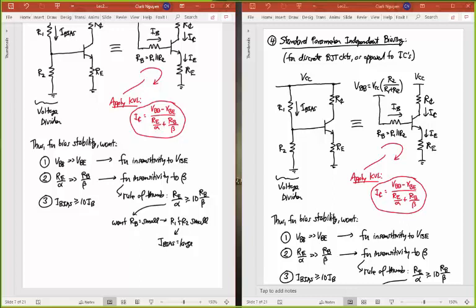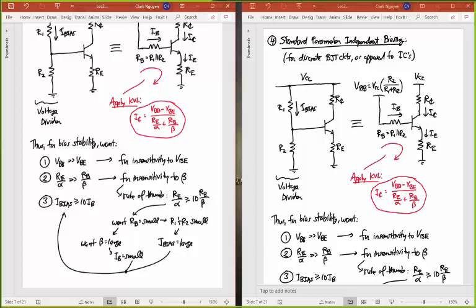And so I not only want RB small, I also want beta to be large in this. And what this means is that I wanted IB to be small. And so these two together lead to that last one that I put there.